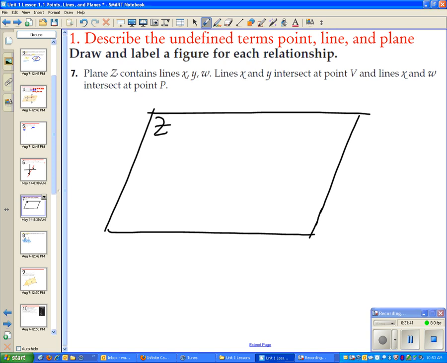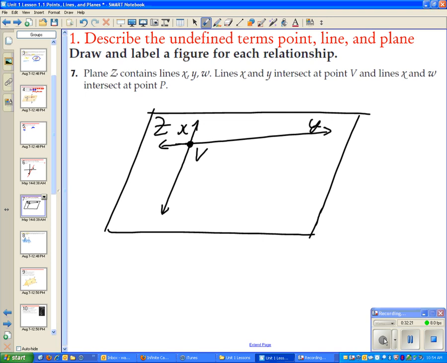Plane Z contains lines X, Y, and W. Lines X and Y intersect at point V. So I'm going to draw a line X. So there's line X. Now line Y intersects it at point V. I don't care where you draw line Y, as long as it intersects line X. So I'll call that Y. And we're supposed to call the point where they intersect V. So there where they intersect, I'll make that point a little bit bigger so you can see it, and put a V. It doesn't matter where the V is, as long as it's near that point somewhere.